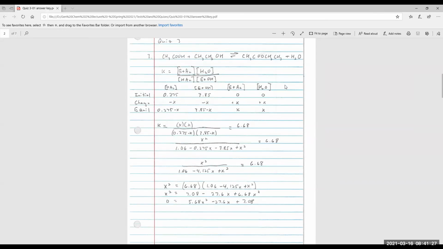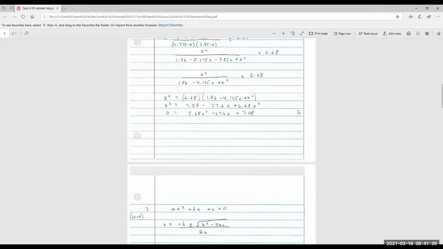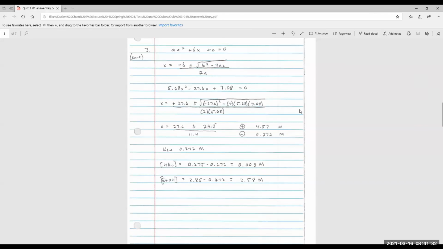So that value we just solved for, sorry, I keep scrolling back and forth here, but that value that we solved for here was the x value. So we needed to go take the 0.272 and subtract that from 0.275 to get 0.003 molar. By the same token, if you were looking for the ethanol concentration at equilibrium, you would do a similar thing where you take the initial minus this x value that we solved for to get that concentration.